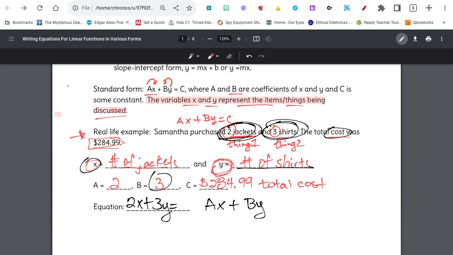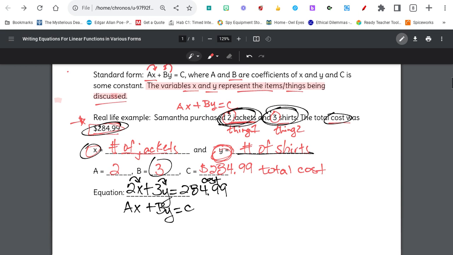Well, 2 jackets plus 3 shirts cost $284.99. There's my AX plus BY equals C. My C is $284.99, and that's my equation. Again, that's 2 jackets plus 3 shirts cost that amount of money.